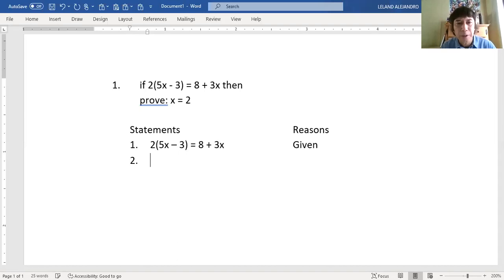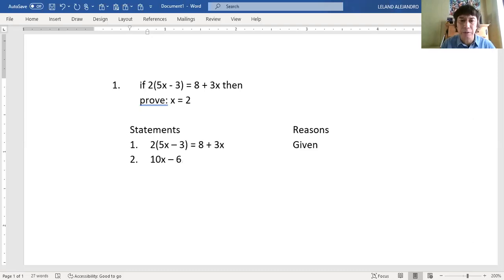For our second statement, we shall be able to simplify this part by way of distributive property, by distributing the 2 to the 5x and the negative 3, and then we will call this distributive property. So for the second line, we're going to have 2 times 5x, that should be 10x, and then 2 times negative 3, or that would be minus 2 times 3, so that will just be a 6.